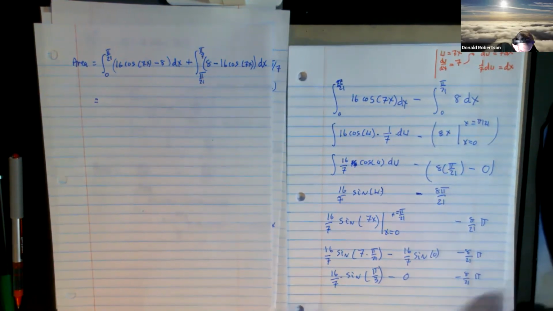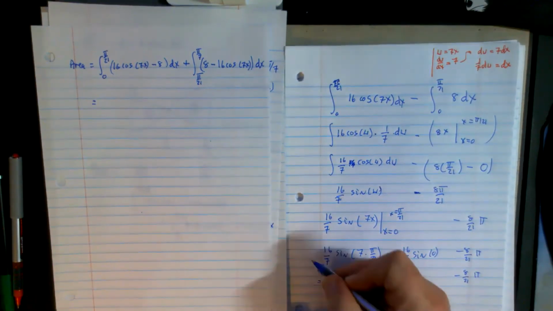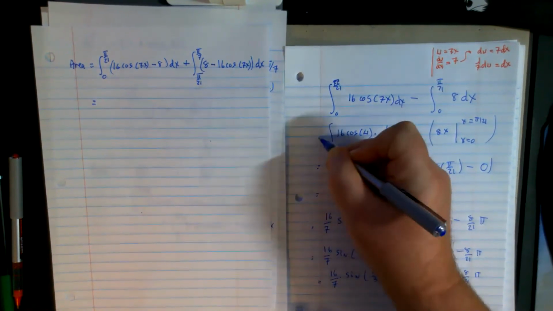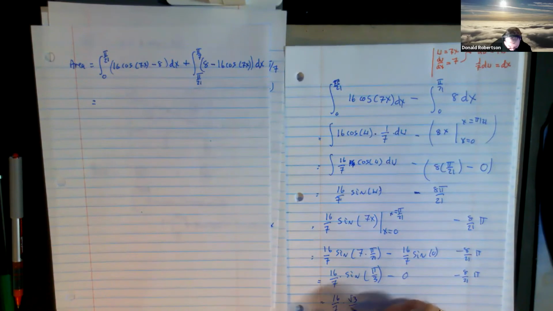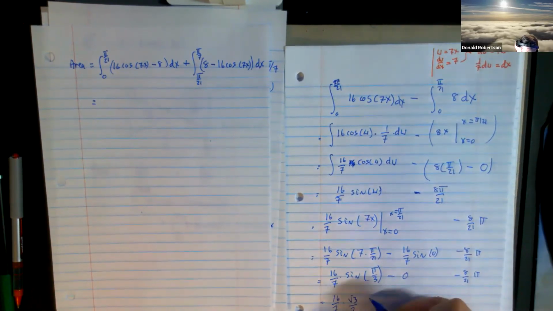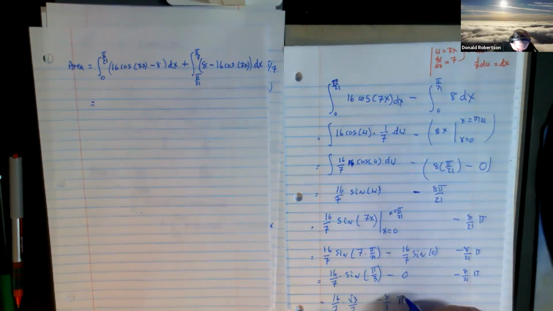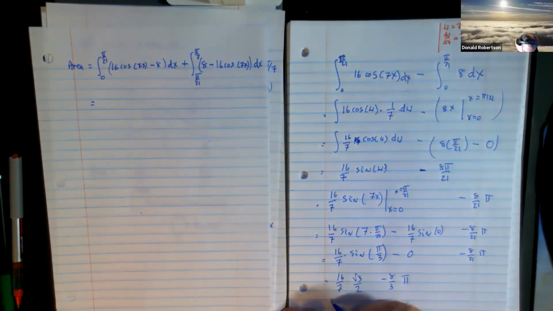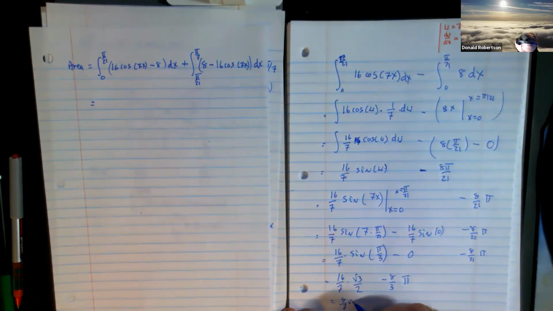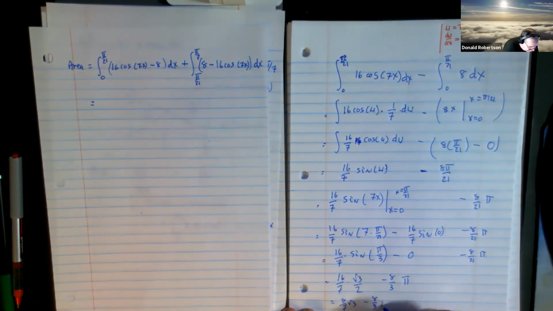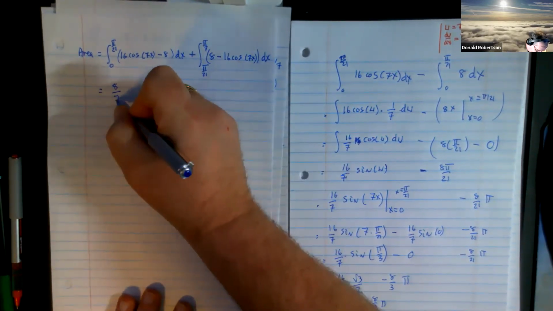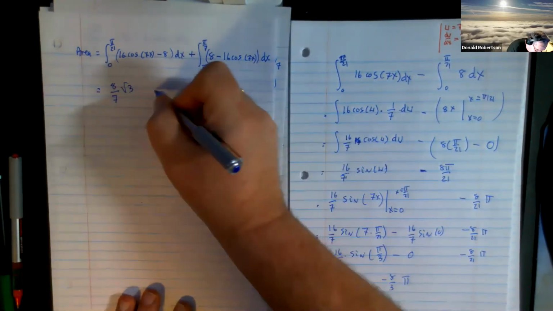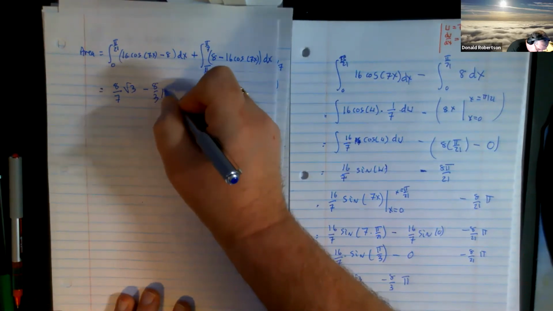Exact value, sine of pi upon 3 is root 3 upon 2. Take away nothing, take away that guy, and that guy cancels a little bit. So after all that work, I get 8/7 root 3, take away 8/3 pi.